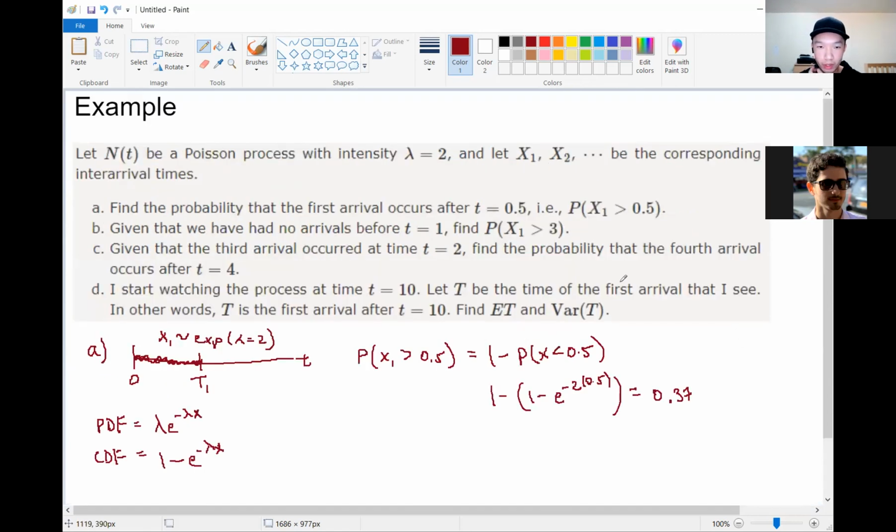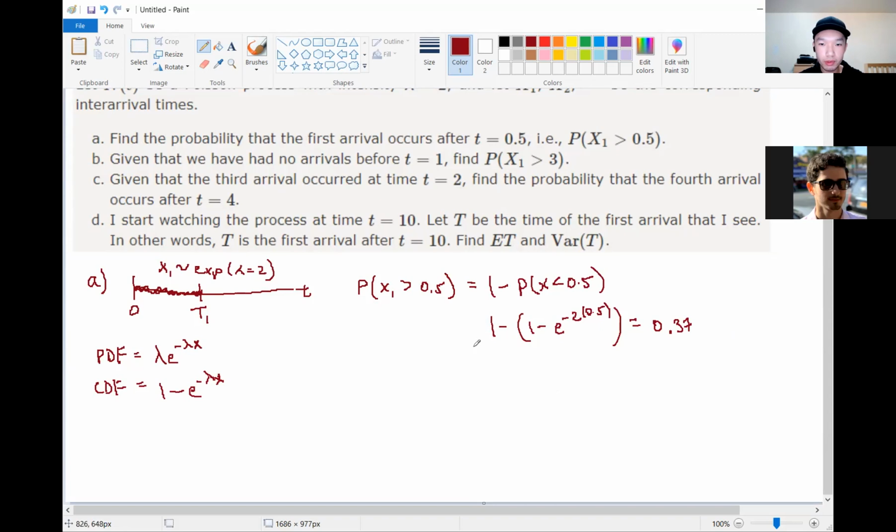Okay, cool. So that is the probability that the first arrival occurs after 30 minutes has passed, or t equals 0.5. I got negative 0.37. Well, probability shouldn't be negative. That's probably an issue on mine.